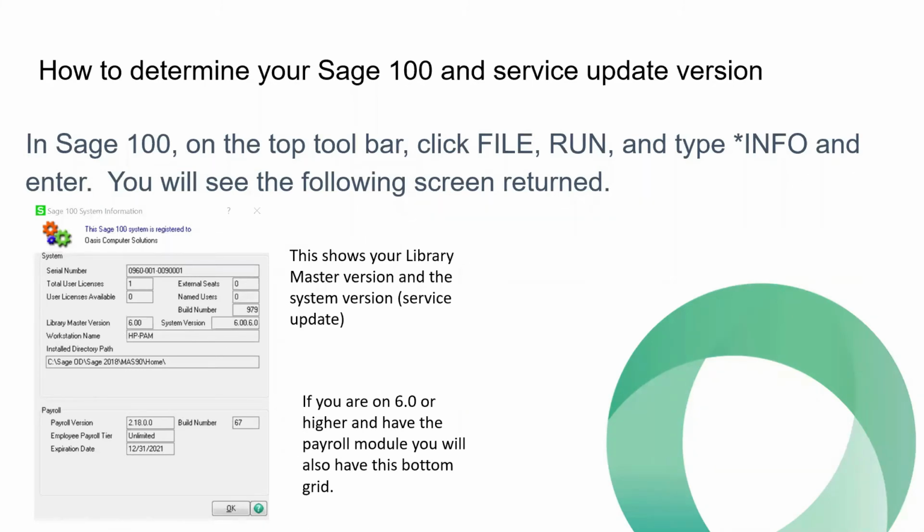So if you're running anything below 5.40, you are not going to see the payroll information listed because payroll is now a separate update and the versions are tracked separately. So hopefully that's not confusing, but that's how you can tell what version you are currently running. If you have any issues determining what version you're on, just let us know, and we'll be glad to walk you through it or even connect to your Sage and walk you through that process.